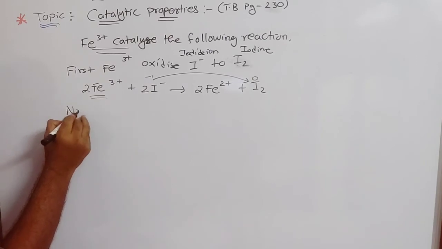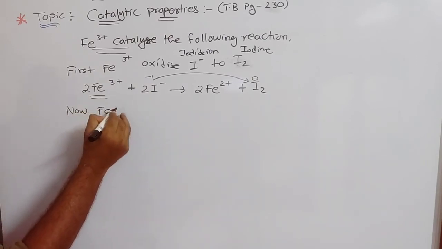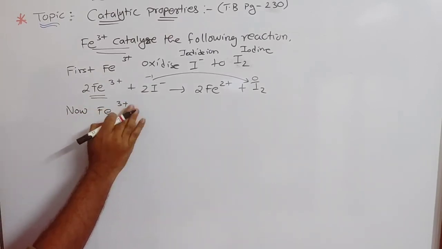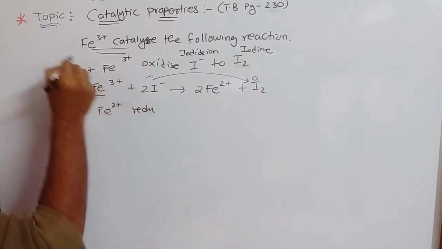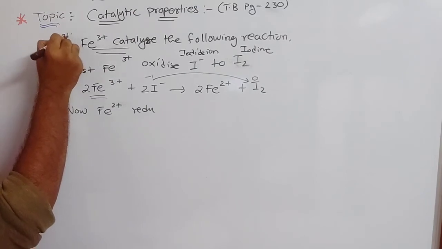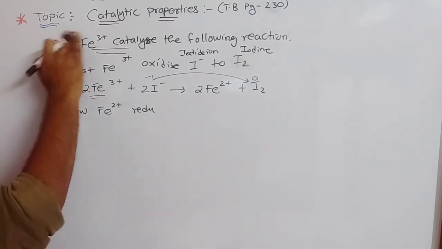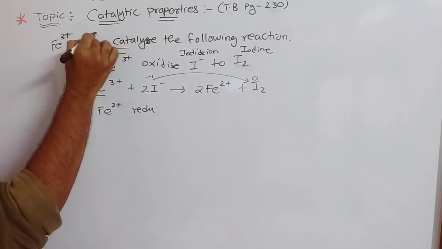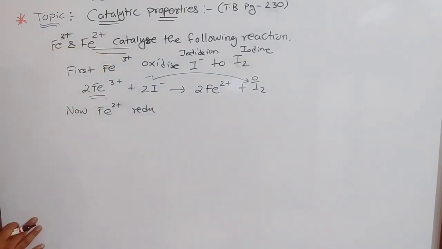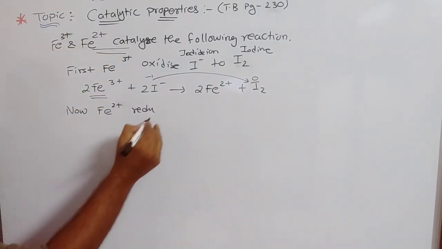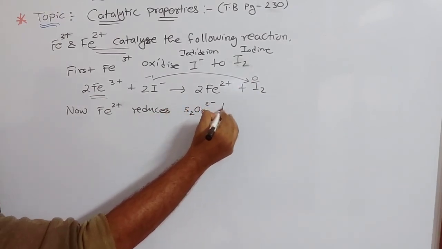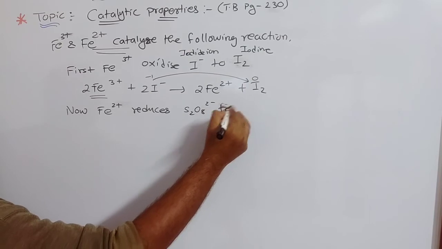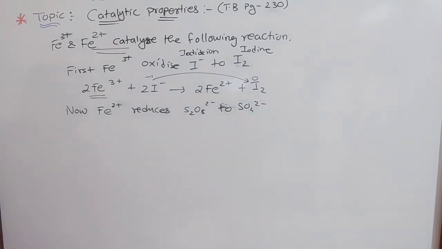Now we can see the next reaction, in which Fe2+ reduces S2O8 2 minus to 2SO4 2 minus.